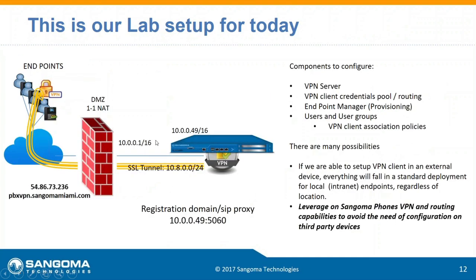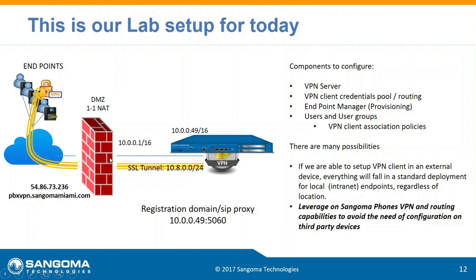And more or less, this is what we have in the lab right now. We have a server, a Sangoma appliance with PBXact pre-installed, and only one Ethernet port connected to the local network at a specific private IP address.